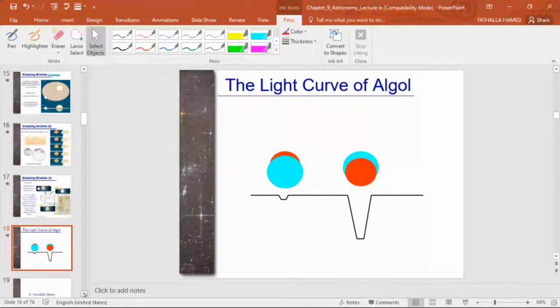So what we rely on is either spectroscopic or visual observations. That's why we call them either visual binaries, spectroscopic binaries, or eclipsing binaries, depending on the technique that we use in observing them. Is this clear?